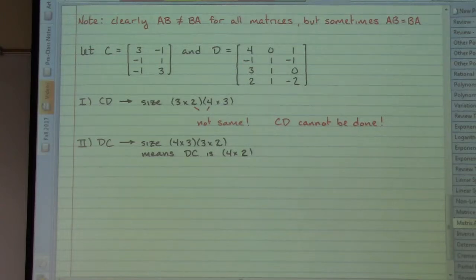So D, let's go ahead and rewrite that, and then we'll write C beside it. And once we do this by hand, we can come back to the calculator work and verify the answer.